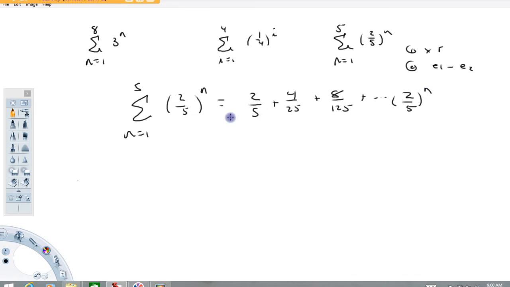All right, so now this is our series here. So we got 2/5 plus 4 over 25 plus 8 over 125 out to (2/5)^n. Whoops, I'm sorry. This is starting at n equals 1.